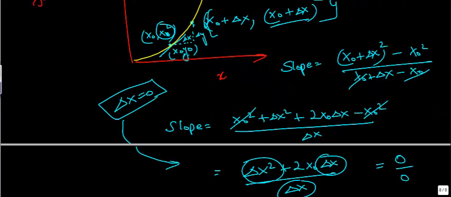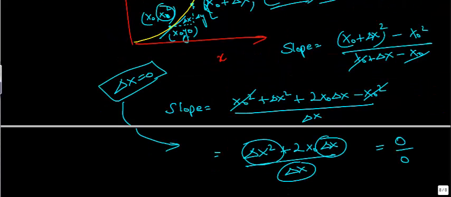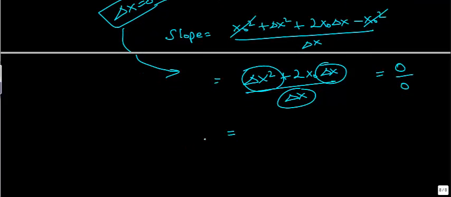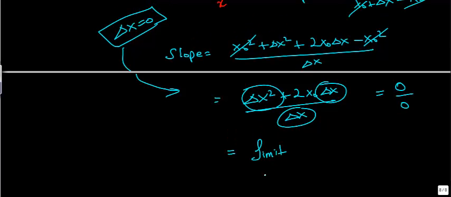What we do over here is we introduce something called limits. I'm going to say that delta x is not equal to 0, but delta x is limiting to 0, or tending to 0. Okay, so this delta x is not 0, but very close to 0, like 0.000001 maybe, you can say that. Fine, but not actually 0.